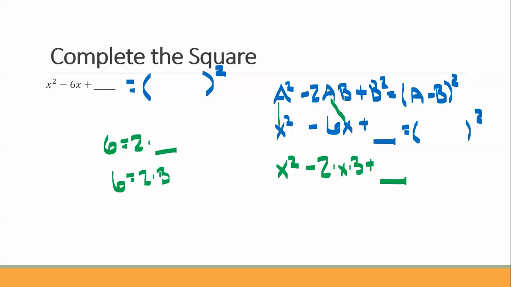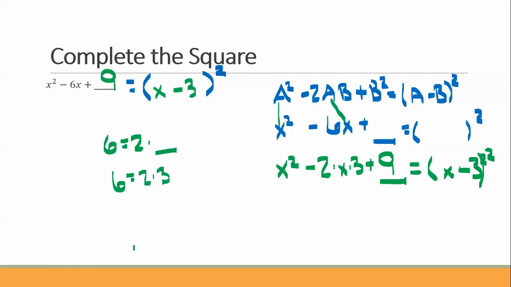That something is b squared. b squared is 3 squared, so this is 9, and that ends up factoring into x minus 3 squared, because that's a minus. So to complete the square, we have x squared minus 6x plus 9. That 9 is what's completing our square, and that's then x minus 3 quantity squared.